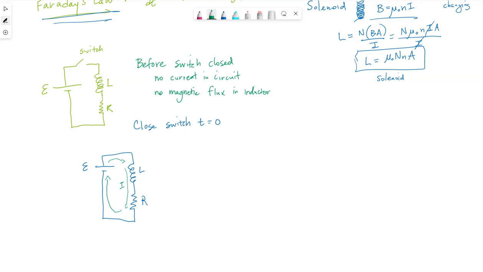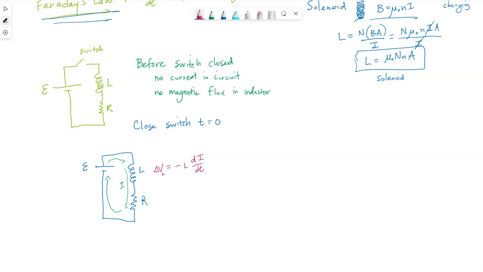So because the flux changed, this inductor creates its own potential difference. It has an induced voltage that is opposing this change in current.